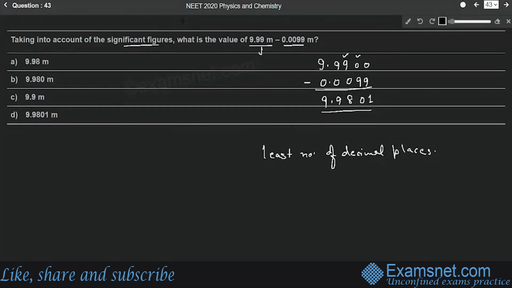Whereas in the second number, we have 4 digits after the decimal. Okay, so the minimum is 2. That means we will put 2 digits after the decimal in the answer as well. Okay, so the answer will be 9.98. Okay, and the unit is meter, right? So option A will be the correct answer.